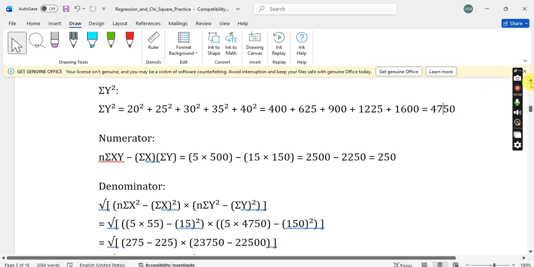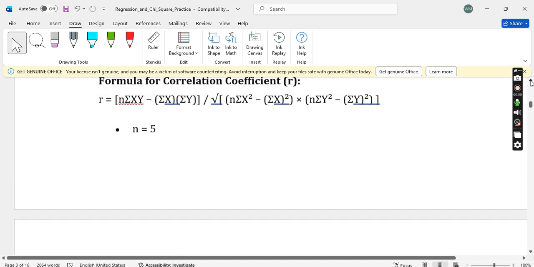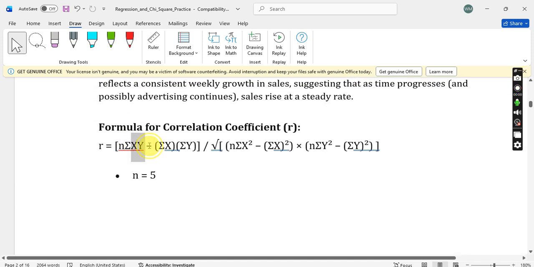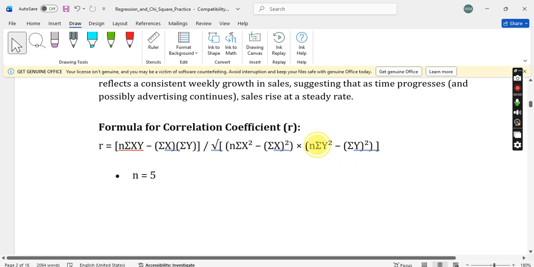So when you reach this part, if it's in the test, you would have calculated most of the values. Summation of xy, we already have it. We have summation of x, we have n. The only thing you need to calculate is this summation of y squared.